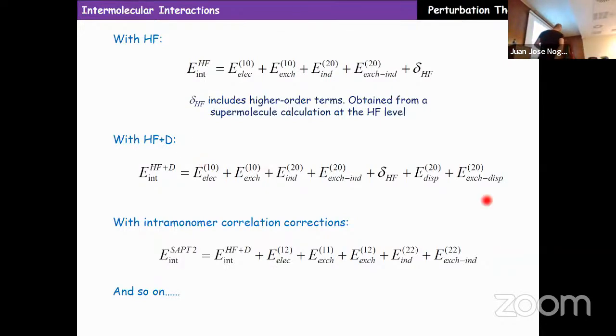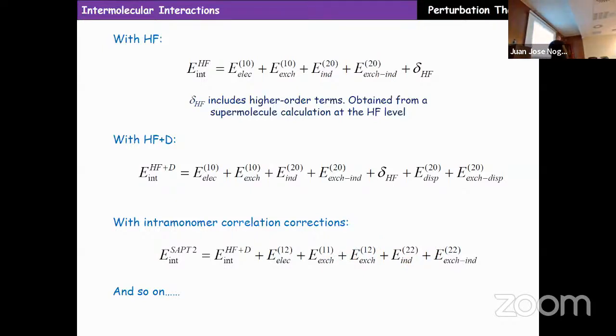Now we include also dispersion at the Hartree-Fock level, and if we go to a correlated SAPT, now we include also these other terms, the corrections of the intramonomer electron correlation, corrections to the exchange, electrostatic, induction, and also dispersion, and so on.